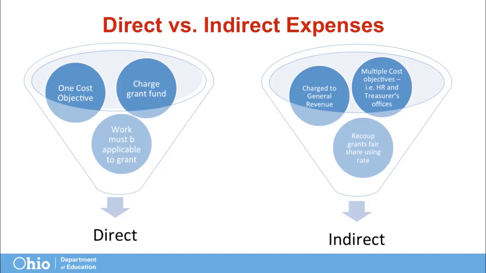Indirect functions may include costs associated with the offices of the treasurer or human resources or operations, as well as maintenance of plant services and other administrative or business support offices. When an entity utilizes an indirect cost rate, applicable grants absorb their fair share of these indirect expenses, thereby freeing up other funding sources such as the general fund.